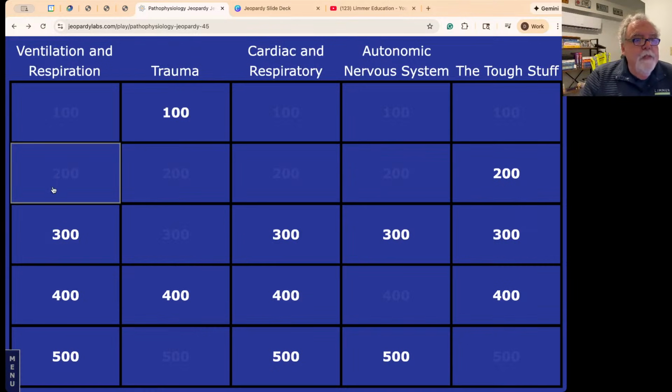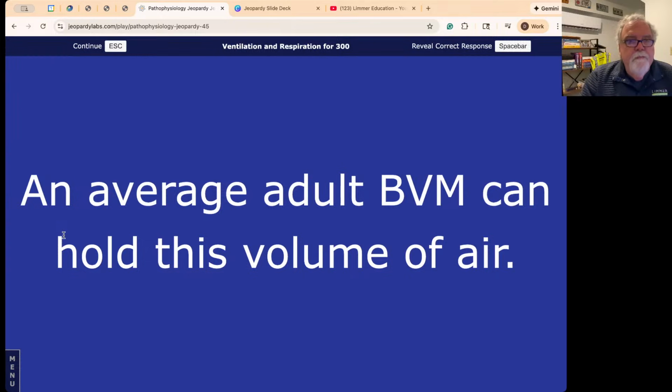All right, I had a request for respiratory for 300, keep going with that. An average adult BVM can hold this volume of air. How much air?